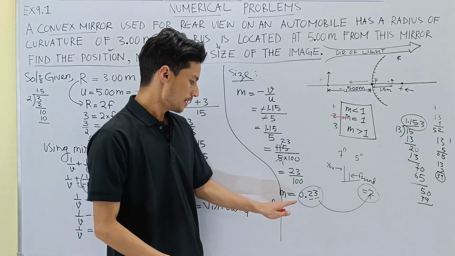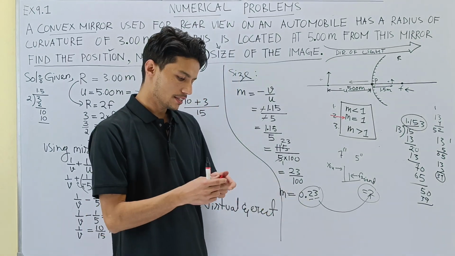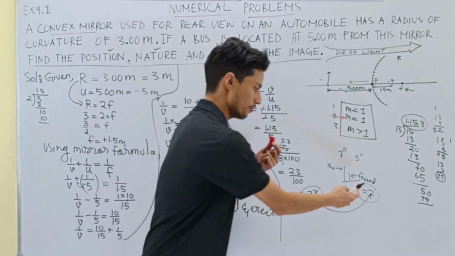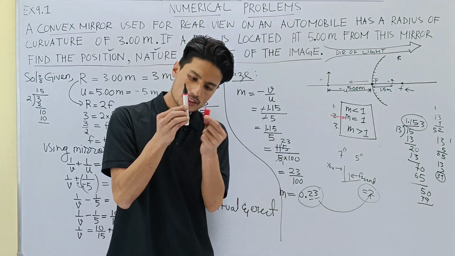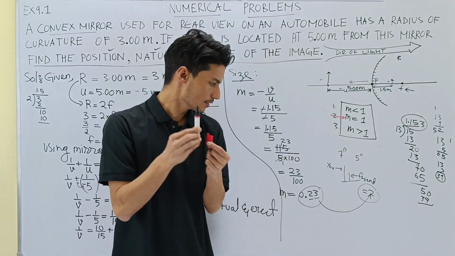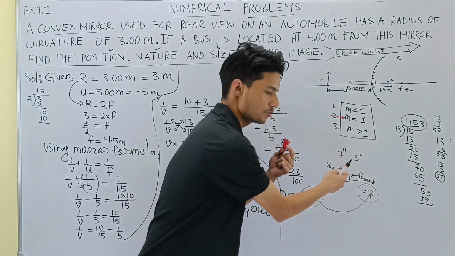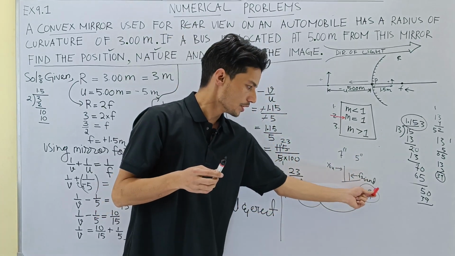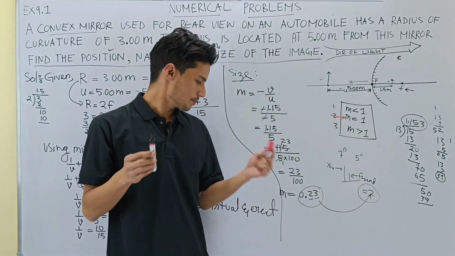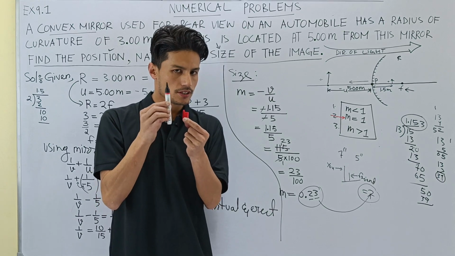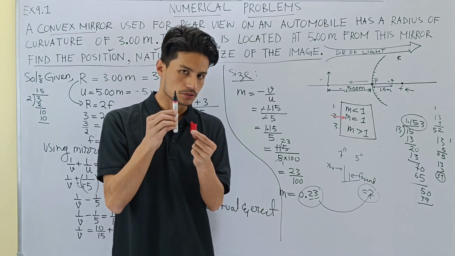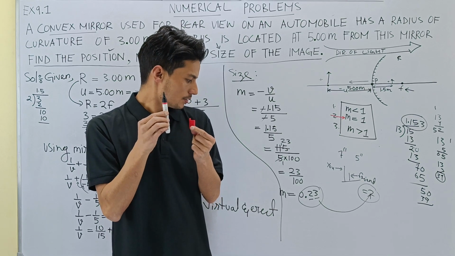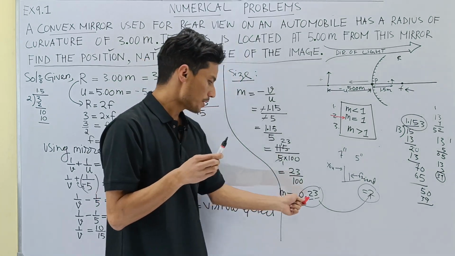In the same way, m equal to 0.23 means the image, which is your friend, is shorter than the object. Your friend is shorter than you by a factor of 2; in this case, by a factor of 0.23. I hope I am clear now. I hope all of you understood. This is how we interpret this.